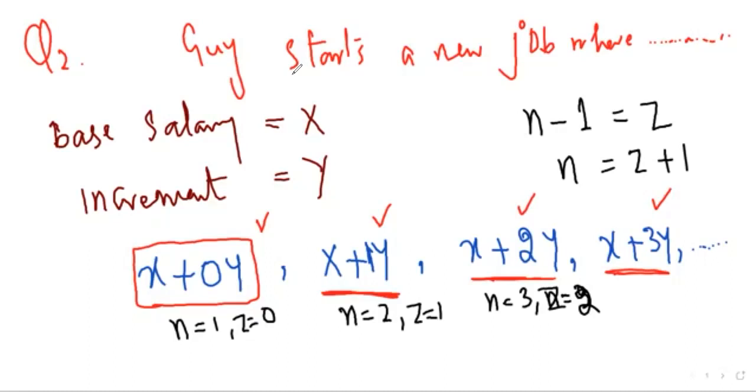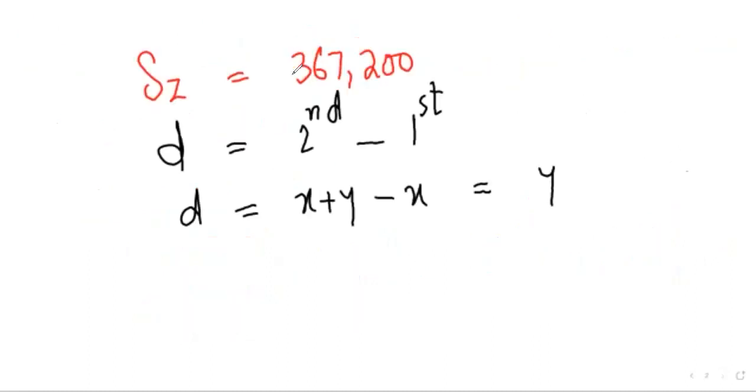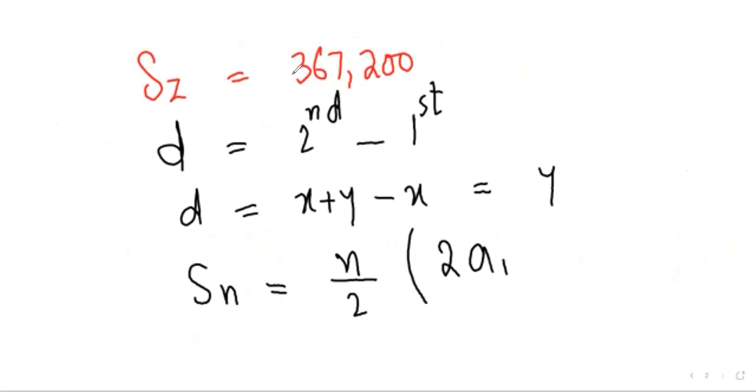Okay, so we know that Sn, the sum of n terms, is n over 2 times 2a1 plus n minus 1 into d.